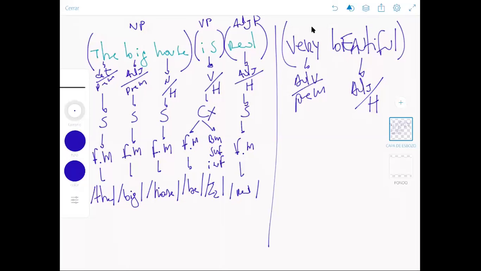Segunda parte, dentro de cada frase hay una palabra más importante, que es la que le va a dar el nombre a la frase. Por lo tanto, dentro de una noun phrase, la palabra más importante, head, sería un noun. Dentro de una verb phrase, la palabra más importante, head, sería un verbo. Por lo tanto, dentro de la misma frase no puedo tener un verbo y un noun como head porque no podría saber qué tipo de frase es.